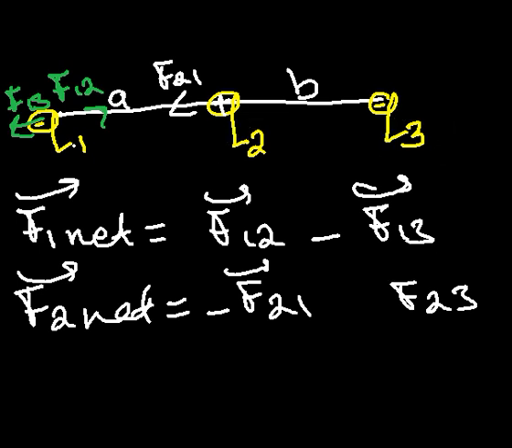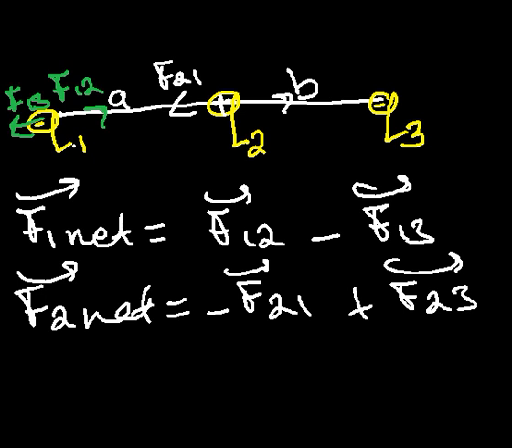It will be towards this direction. Since it is repulsive, charge 2 will experience being pushed towards this direction. Since it is towards the positive direction, we'll have it as a positive force. So this is how the net force expressions will be expressed for these charges.